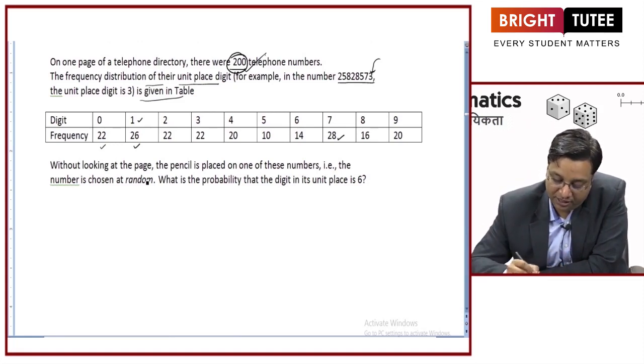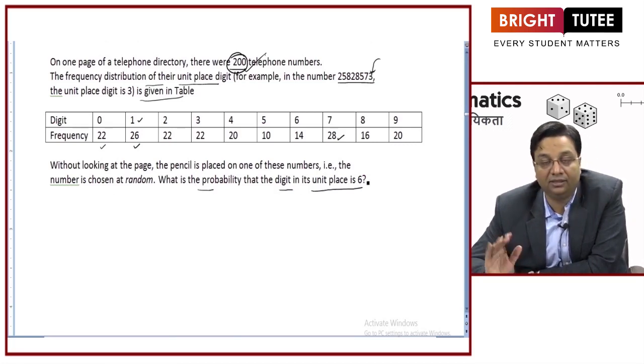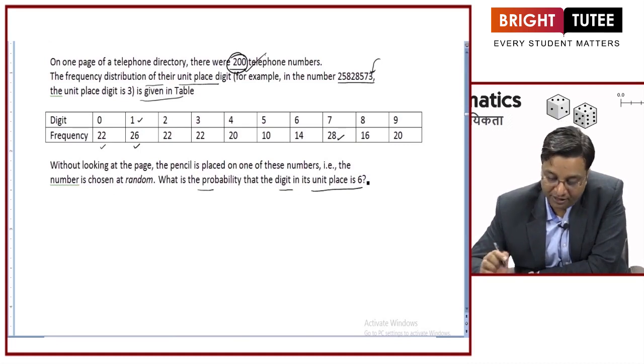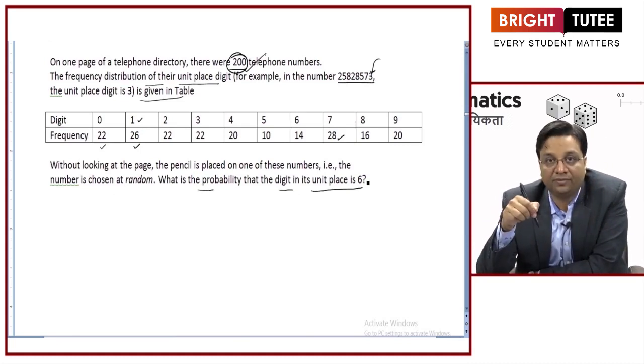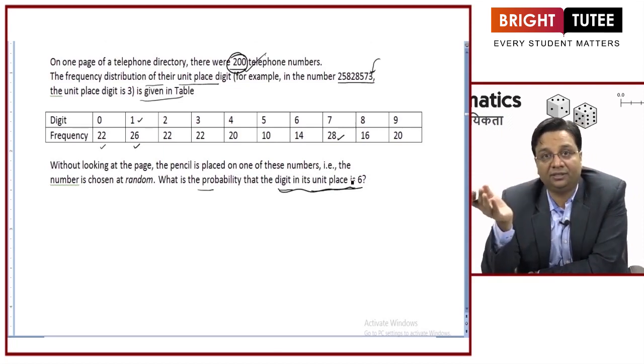Without looking at the page, a pencil is placed on one of these numbers. The number is chosen at random. What is the probability that the digit in its units place is 6, right? So out of these numbers, without looking at them, you place a pencil. What is the probability that the digit in its units place is 6?